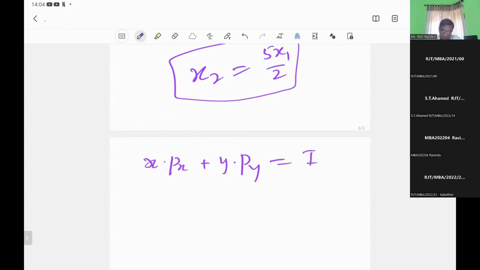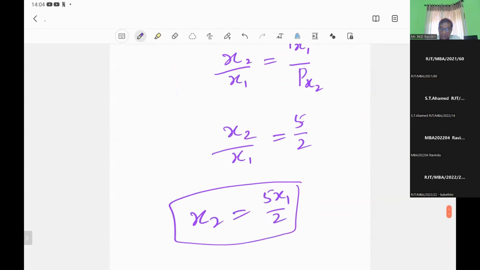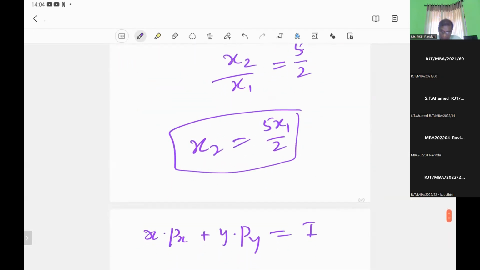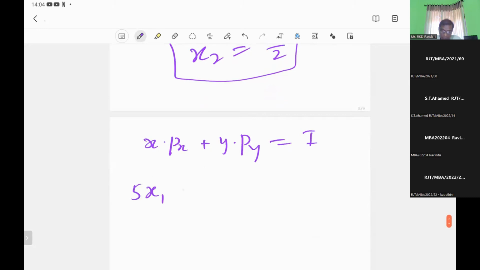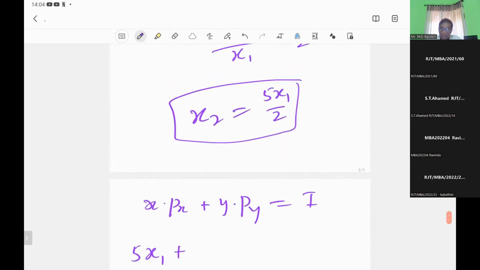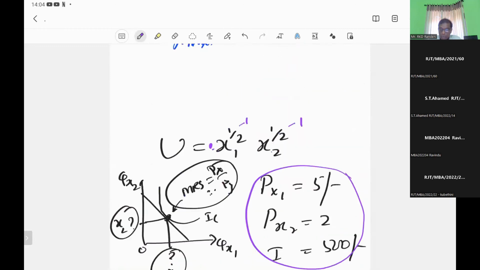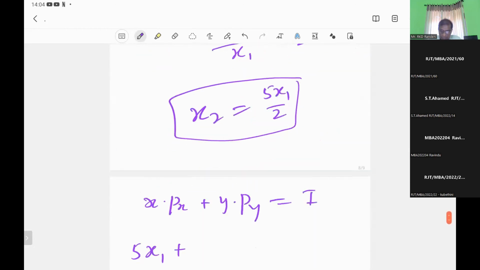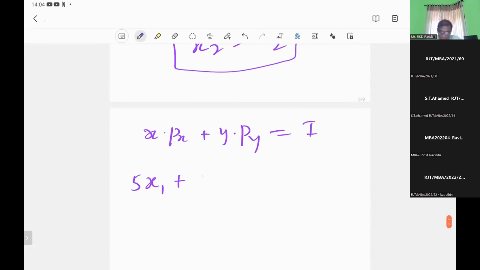Here x1 has price 5, so 5x1 plus x2 with price 2, 2x2 equals 500.